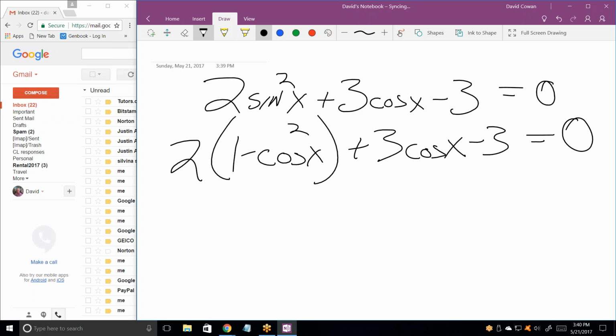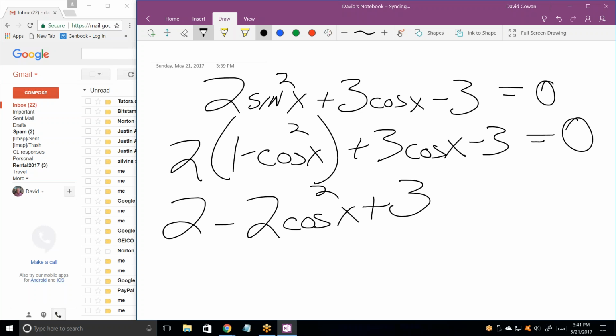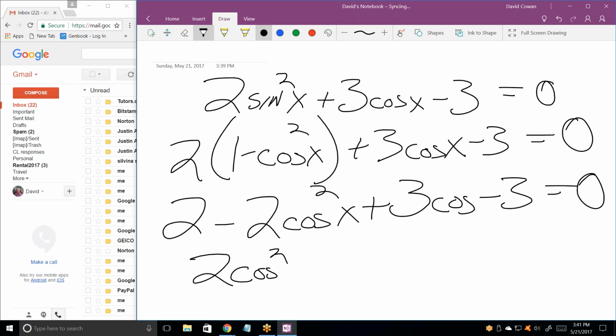Now we just have to solve that quadratic. So first, let's distribute. If we divide everything by -1, I get 2 cosine squared x minus 3 cosine x plus 1.